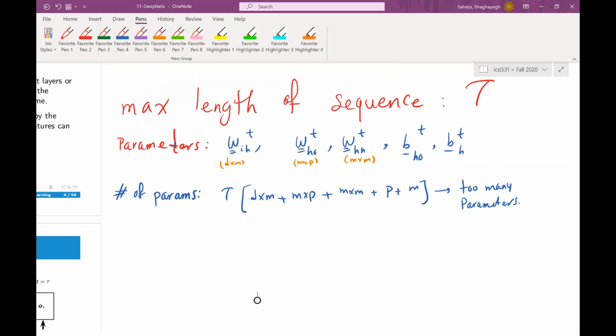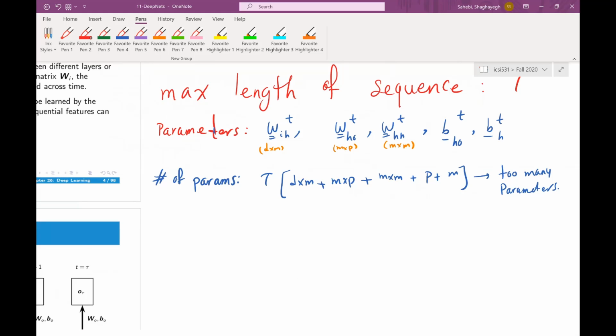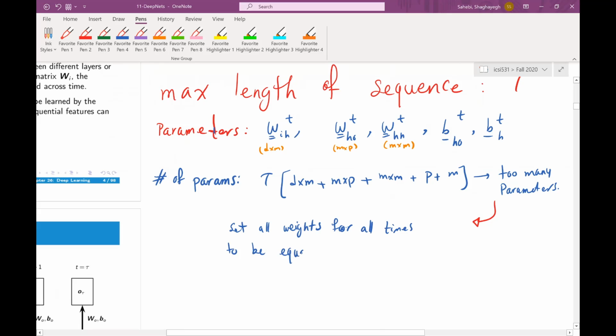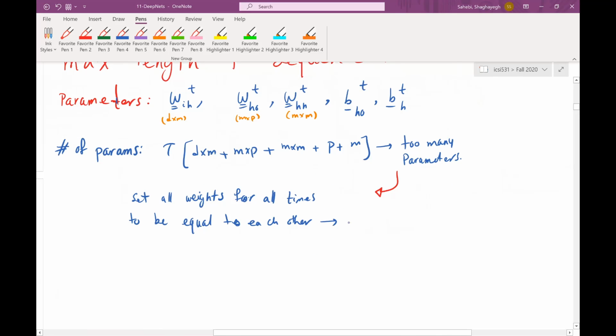So we are going to set all weights, or all parameters, for all times to be equal to each other. Basically, we are going to get rid of the subscript t.